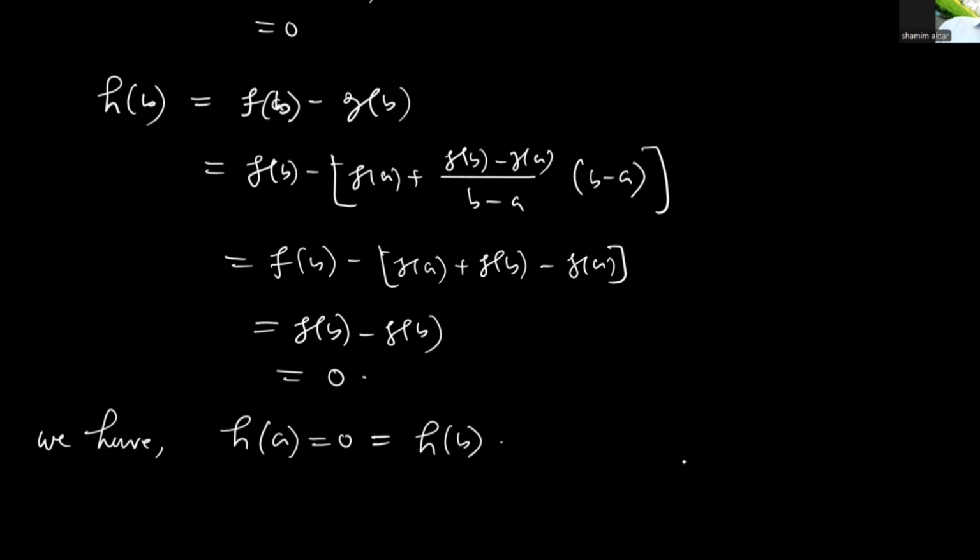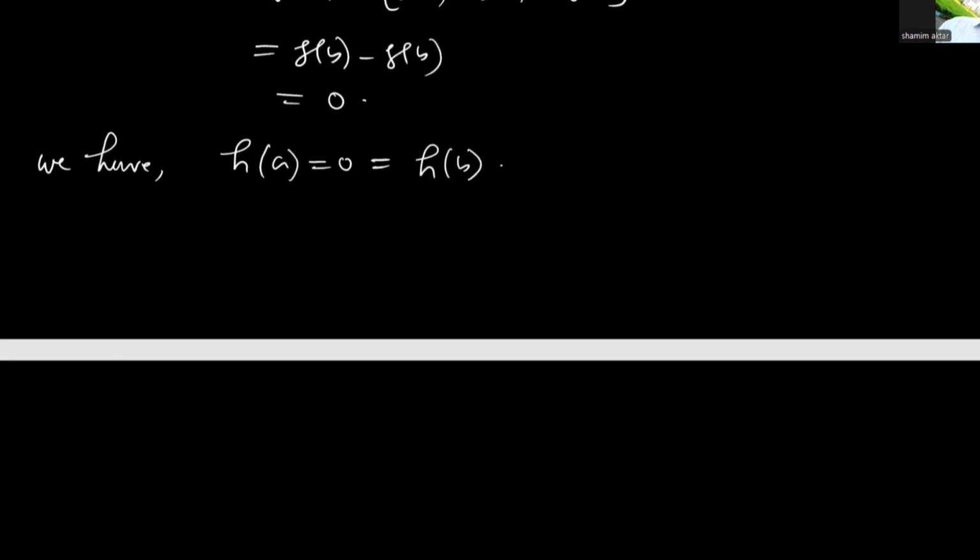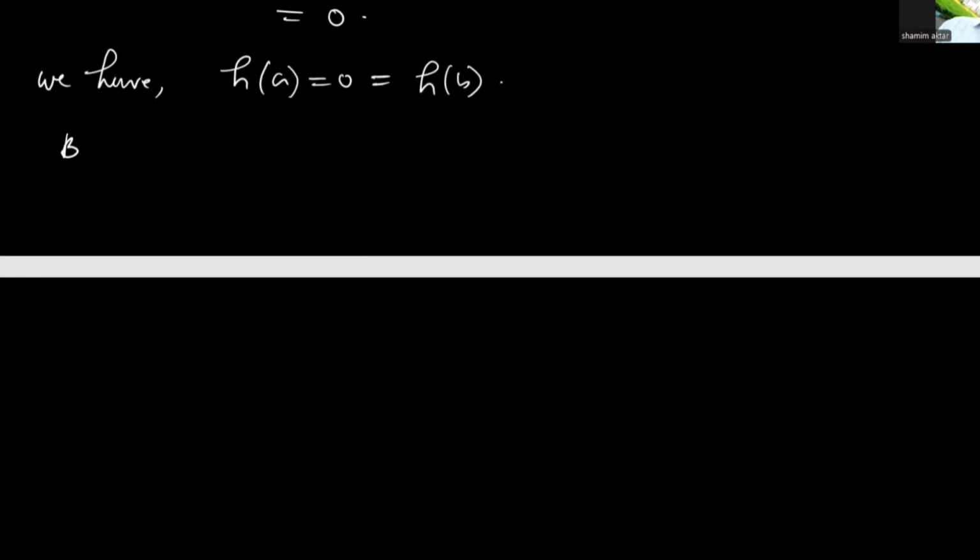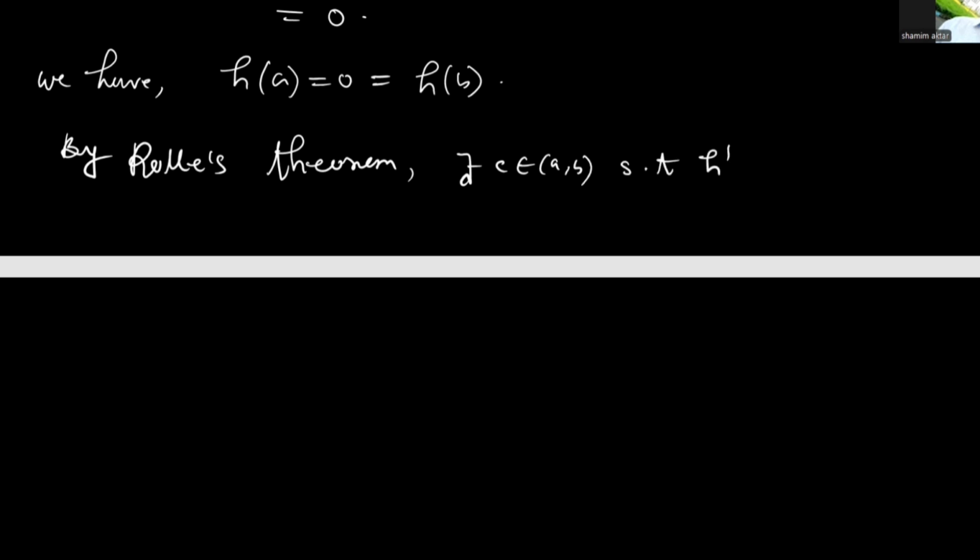Now applying Rolle's theorem on the function h, by Rolle's theorem there exists c belonging to (a, b) such that h'(c) equals 0.